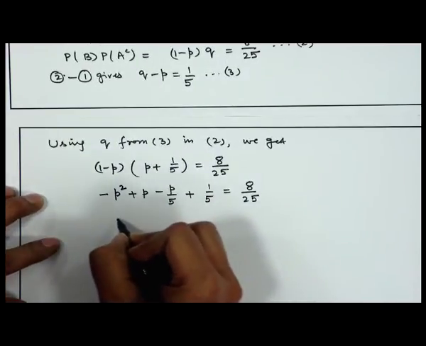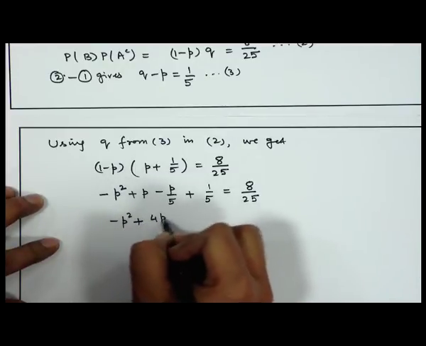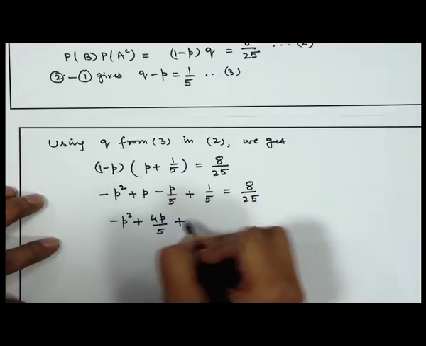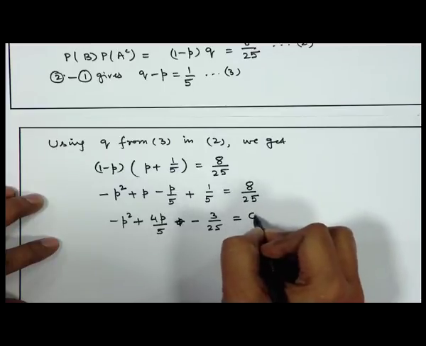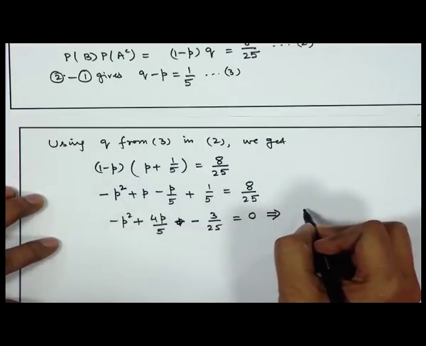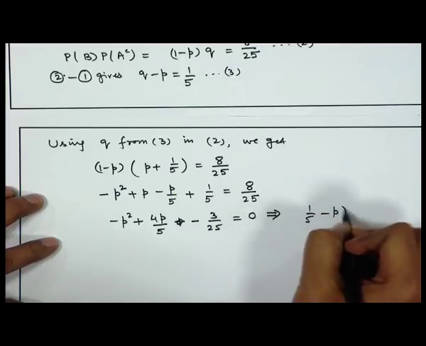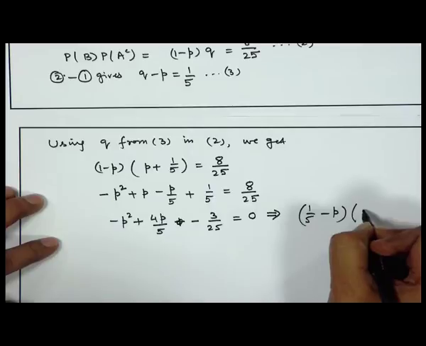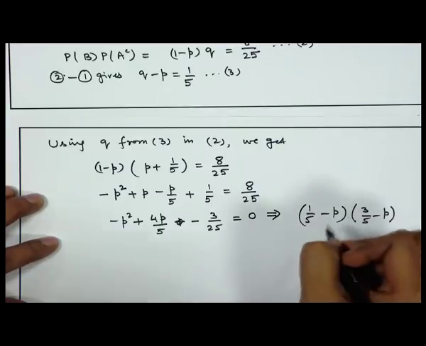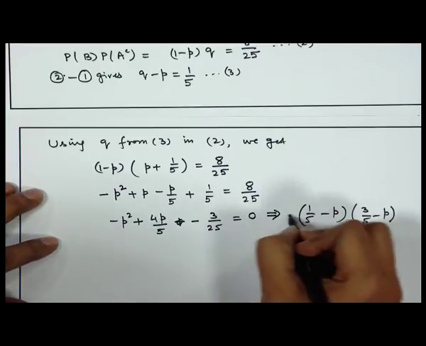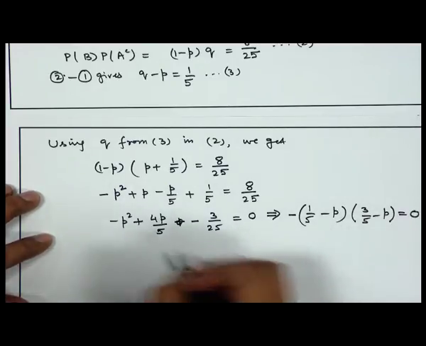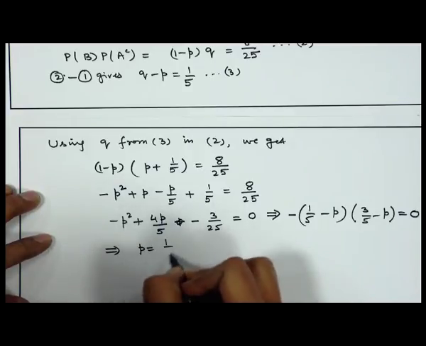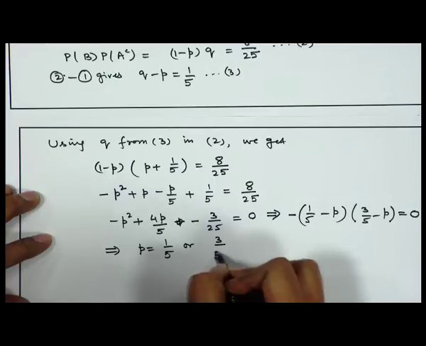So, we can further simplify: this is minus P square plus 4P by 5 plus 1 by 5, and if I bring 8 by 25 to the left hand side, I get minus 3 by 25 is equal to 0, which is the same as saying 1 by 5 minus P into 3 by 5 minus P, with a minus sign here, is equal to 0. So, this means P is equal to 1 by 5 or 3 by 5.